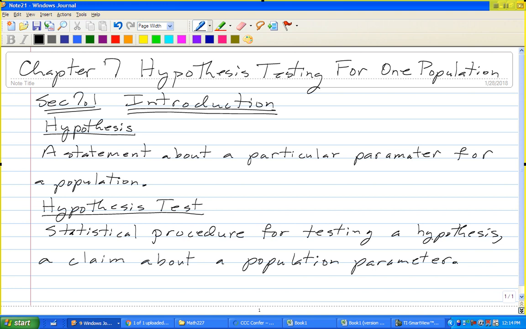So somehow I want to test the claim that the population mean is greater than 12.